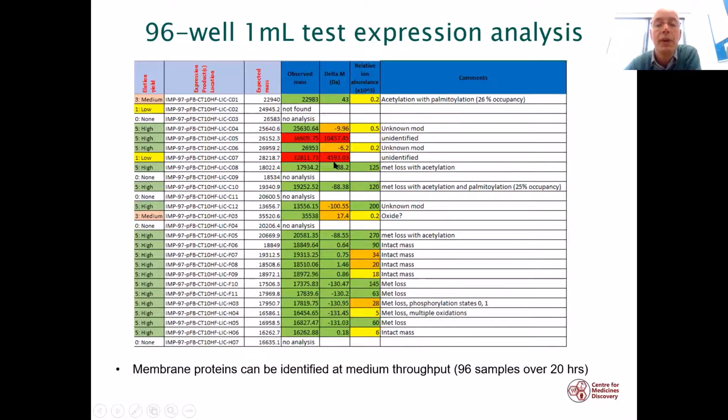So this one is actually minus 98 daltons, and this is equivalent to loss of the N-terminal methionine and acetylation. The other thing we get on here is the relative abundance. So we've got this figure here for the relative abundance in the mass spec, and we can use this to select the test expression for scale-up.